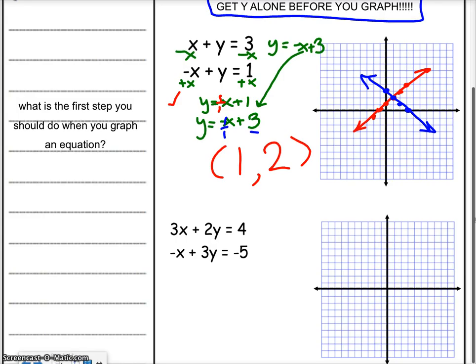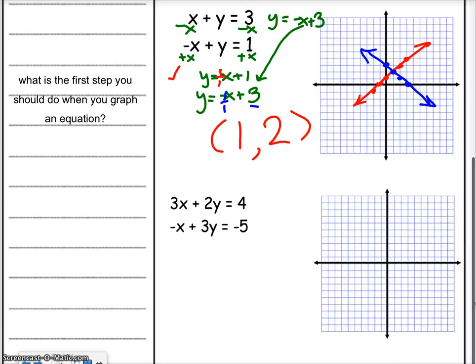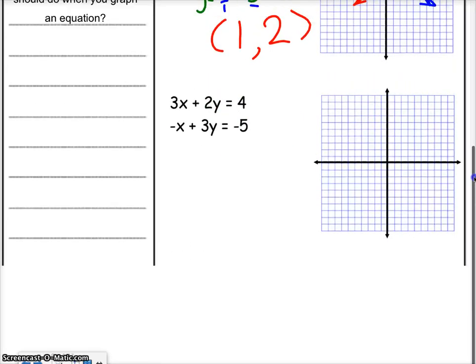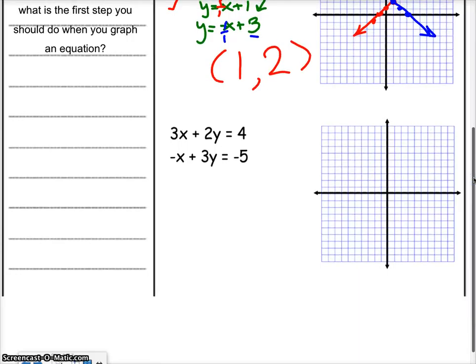Okay. I'm going to go ahead and get y alone. You don't have to, you can just write the final answer, but I do want you to observe me getting y alone, because a lot of kids still struggle with that. So, let's see here. I would minus 3x, and I get 2y.